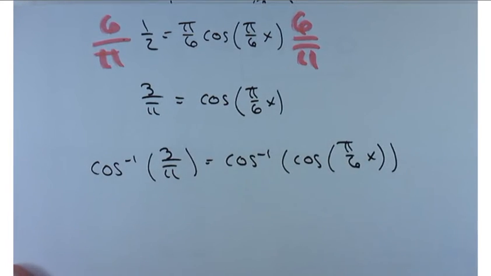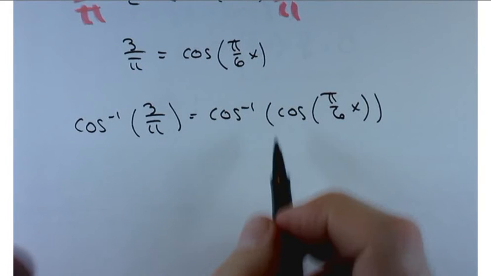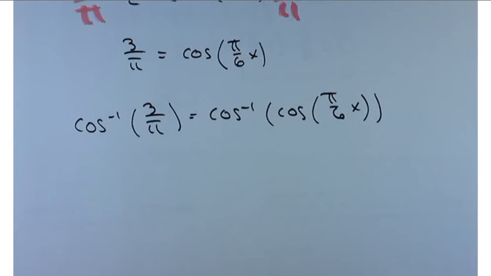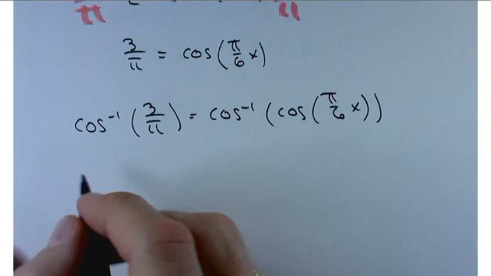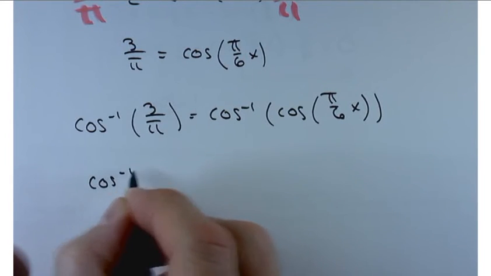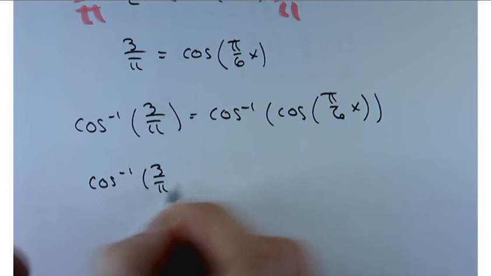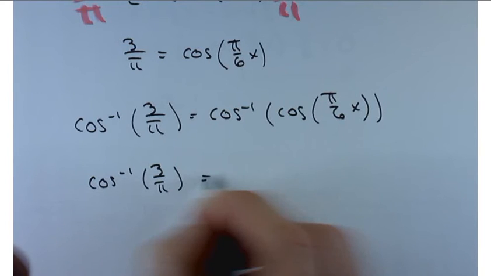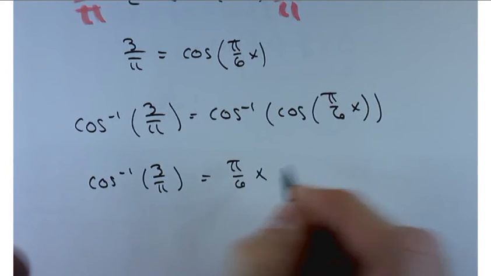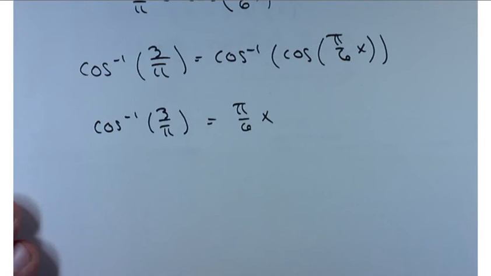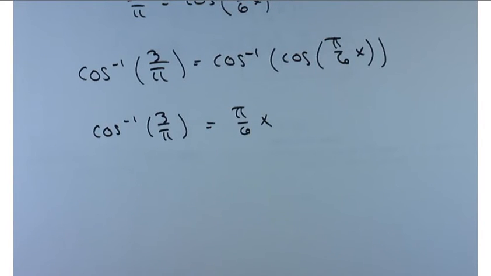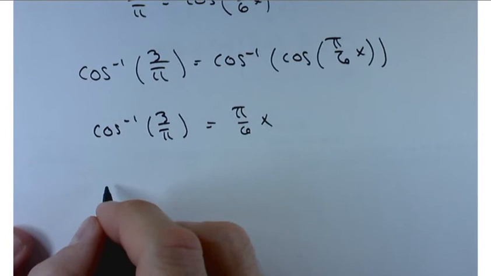That's really nice. So I'm left with the cosine inverse of 3 over pi equals pi over 6 times x. Almost done here.